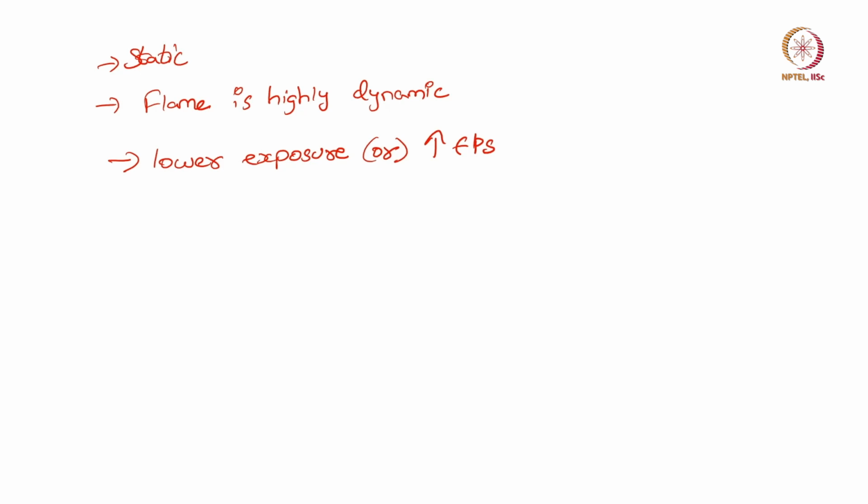For these experiments, the camera is set at a constant frame rate of 3 kHz. This means the camera can capture 3000 frames per second. This enables us to observe even the most rapid changes in the flame behavior.